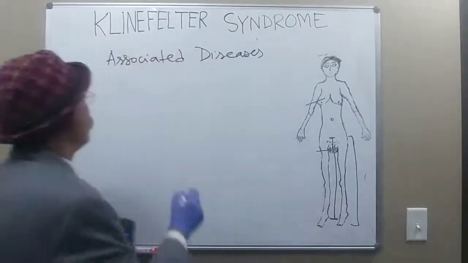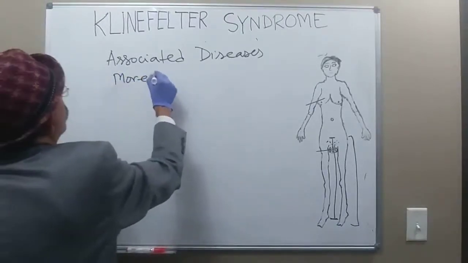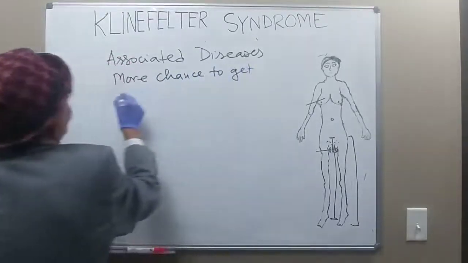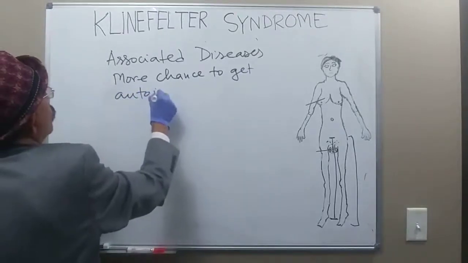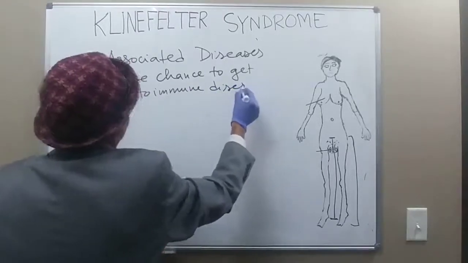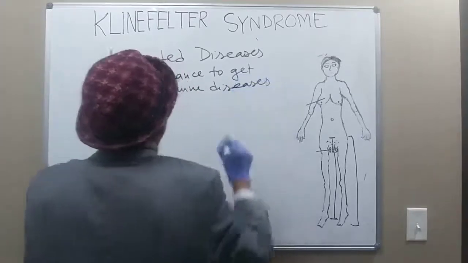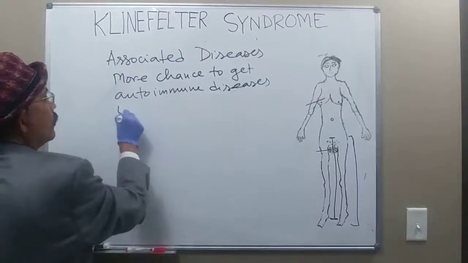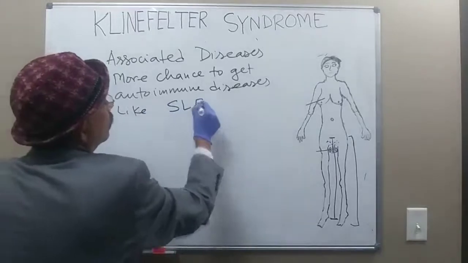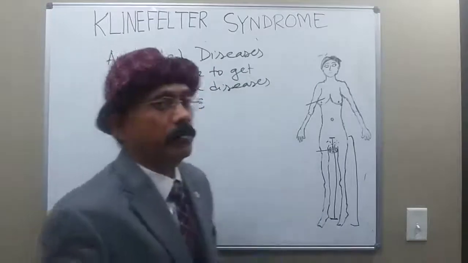Okay, plus we have to add, we have more chance to get autoimmune diseases, like systemic lupus erythematosus, like SLE, even bronchial asthma, more possible in a person with Klinefelter syndrome.